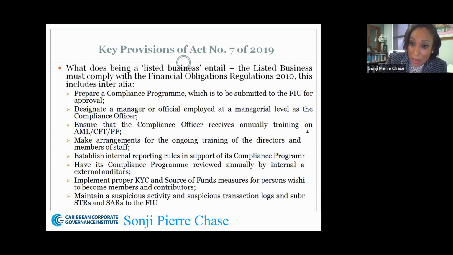So it starts with the compliance program, and then I have a compliance officer who would monitor the activities of my services to ensure that it complies with the compliance program. And my compliance officer has to be trained annually. All members of staff of my firm must be trained annually. I have to have my business audited annually by an external auditor to confirm that I am in compliance with the compliance program.